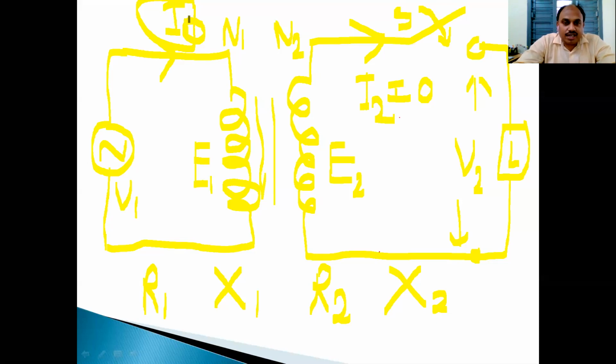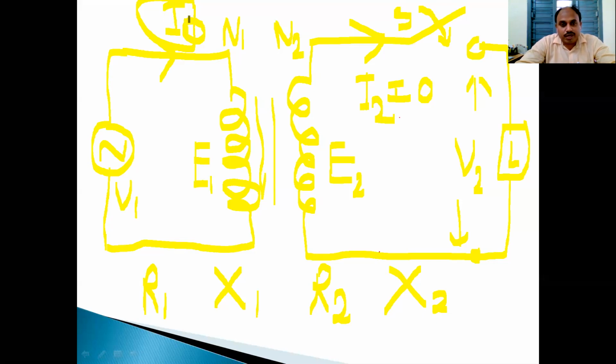The purpose of I0 is to produce the working flux, that is, flux that links with the two coils, which is needed for the function of the transformer. The second purpose is to meet the no load core losses.